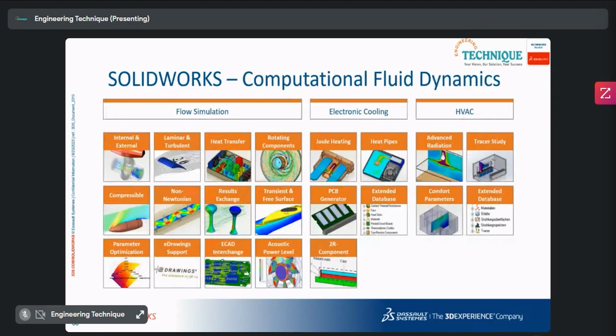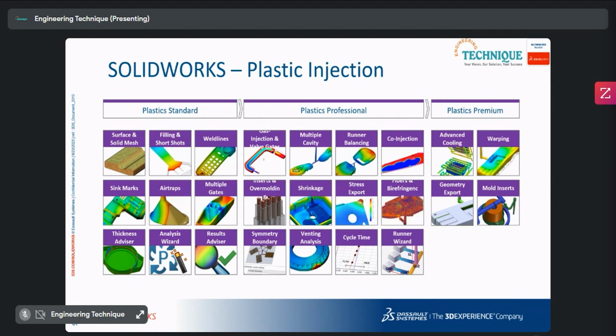Similarly, in SolidWorks Flow Simulation, you can perform various types of flow analysis, which can be enhanced by other packages, which are Electronics Cooling and HVAC. Now, SolidWorks Plastics is also categorized into three parts: Plastics Standard, Plastics Professional, and Plastics Premium, by which you can perform various operations and predictions on the plastic part.